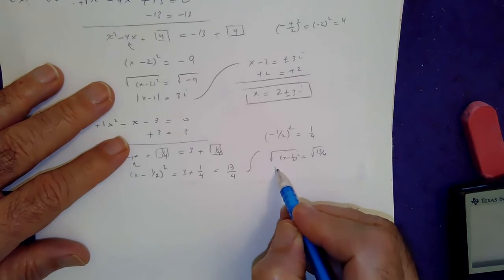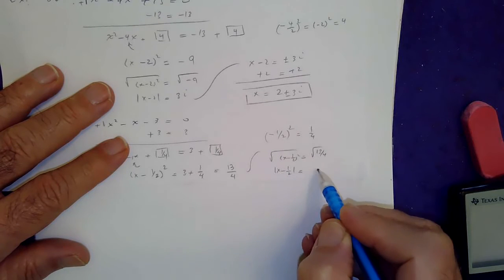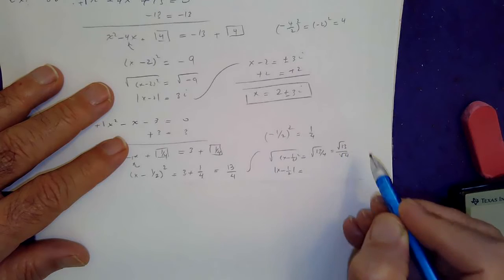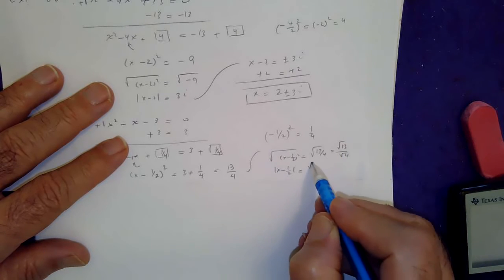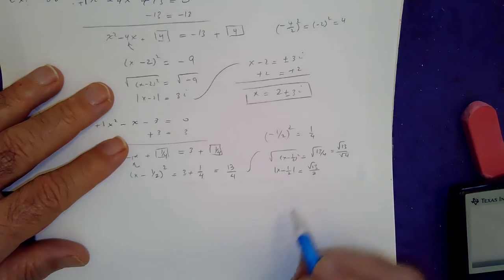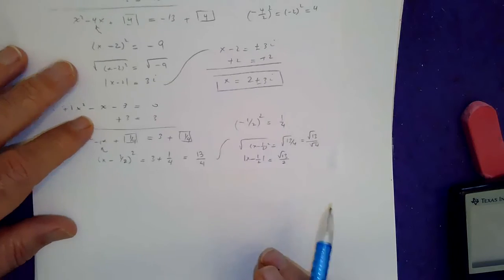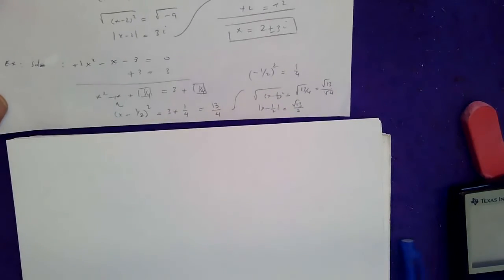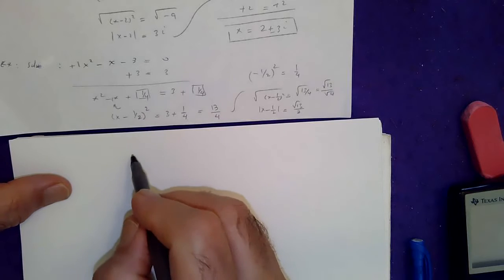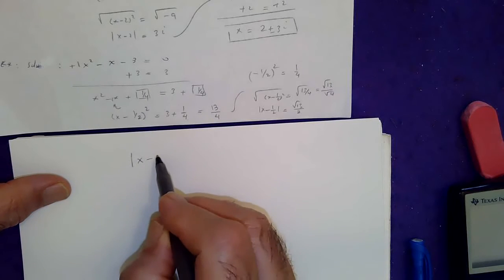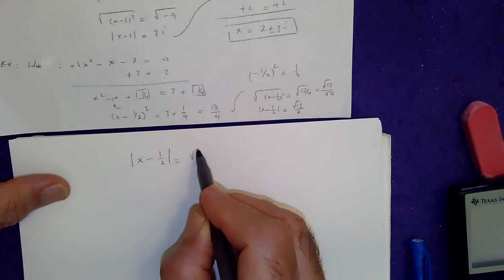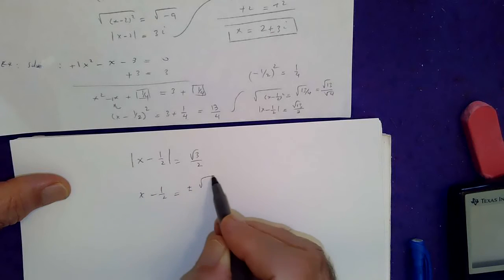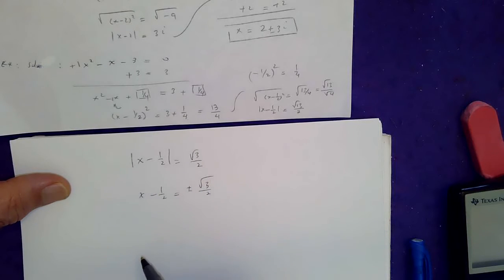Take the square root of both sides, right? You will end up with absolute value of x minus 1/2 is equal to square root of 13 over square root of 4. Square root of 4 is 2, so this is square root of 13 over 2. Okay, now drop the absolute value bar on the left side. So drop the bars, attach plus or minus to the right side.